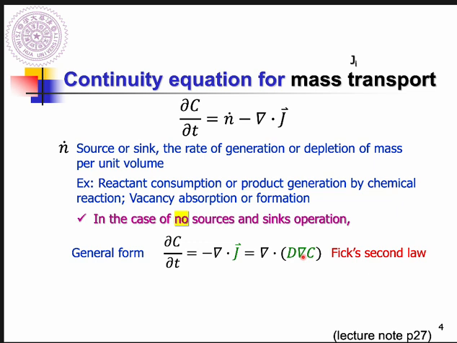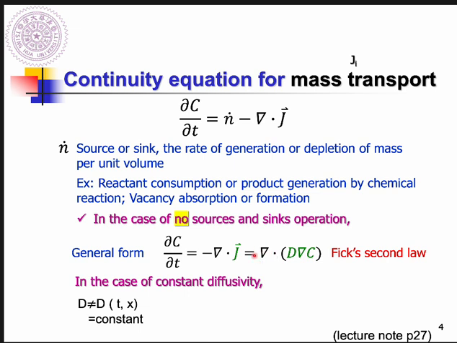This is the general form we call Fick's second law. Further, if we assume the diffusivity D is constant, then you take D outside the gradient operator, and you get this diffusion equation, with what we call the Laplacian operator. So this is the typical diffusion equation you learned before.